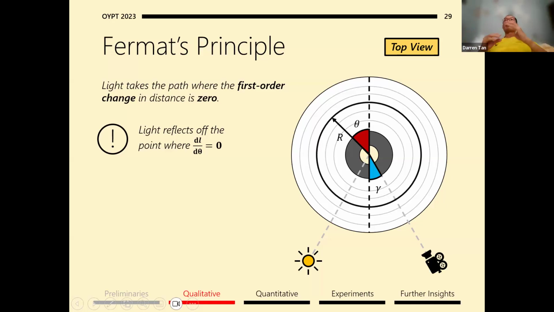So in a way, Fermat's principle for light is in that same spirit. Instead of saying there's a certain law or certain trajectory that light travels along, we calculate all possible trajectories, but then we find the one that is a stationary point.